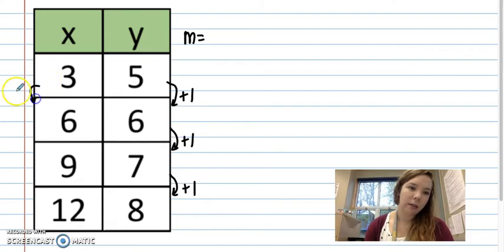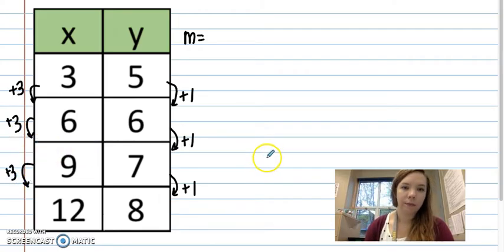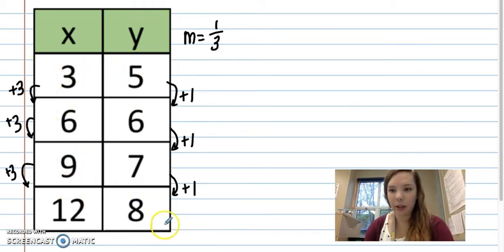And my x is plus 3. So my slope would be 1/3. Okay? Now, since I don't have a 0 for x, I don't know what my intercept is just on my table. So I'm going to show you how to find it if it's not already on your table.